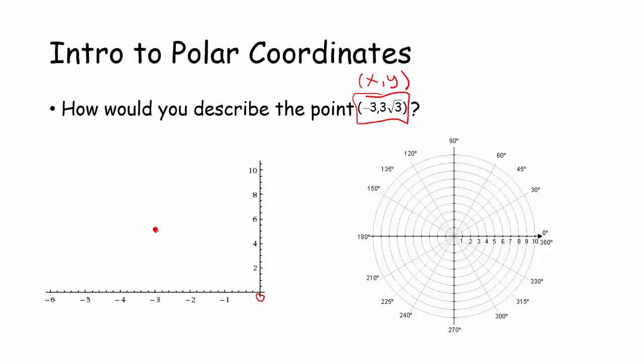So this point in particular, I could describe this point. It is, I believe, 6 units away from the origin. So I could go out 6 units from the origin, and then I would need to figure out what the angle is for this point in standard position.